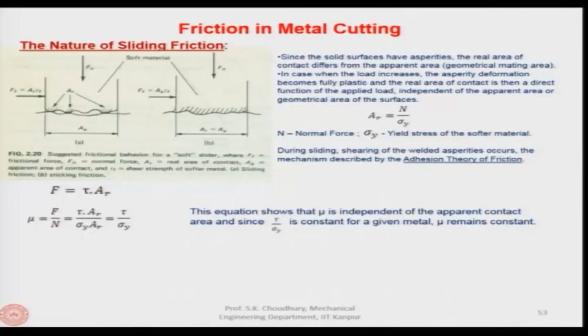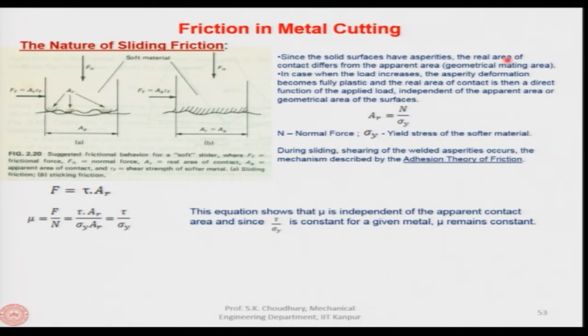Let us see the nature of sliding friction. Since solid surfaces have asperities, for example this, when the two surfaces meet each other, they will not actually meet along the real area, but they will be meeting at some points on the asperities, as you understand.